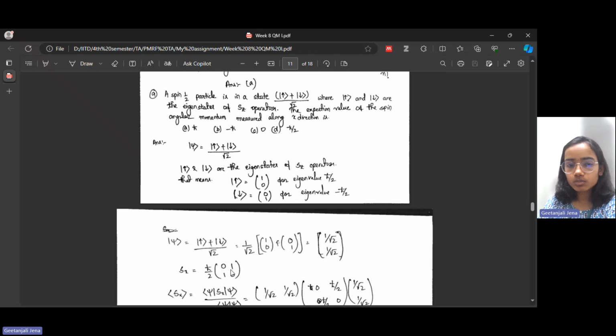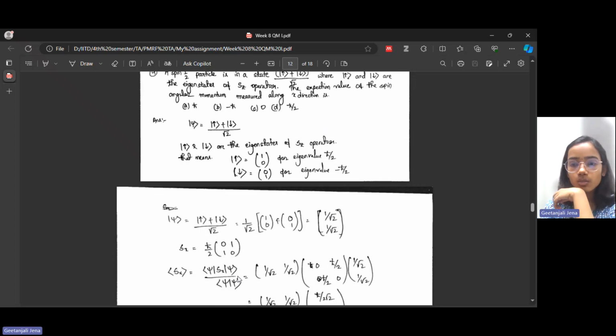So the matrix representation of Sx is h bar by 2 times 0 1 and 1 0. The question is asking about the expectation of the spin angular momentum along the x direction.